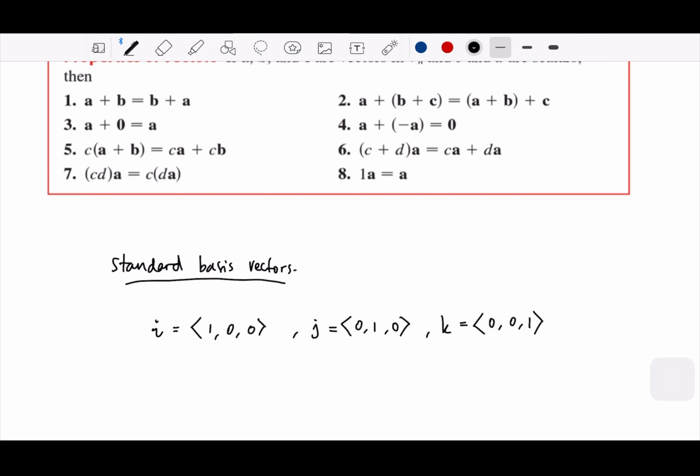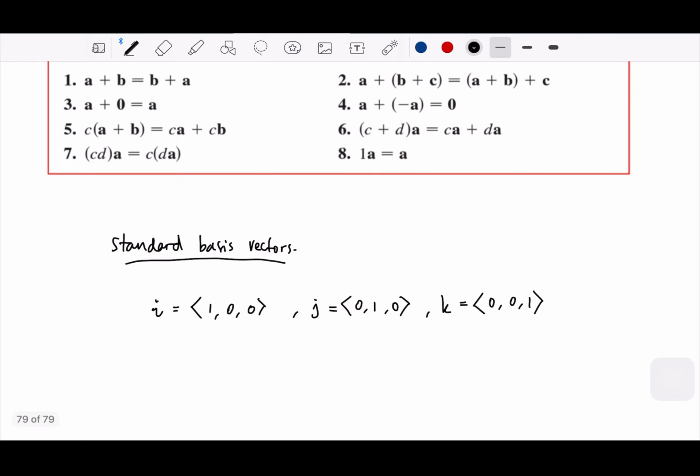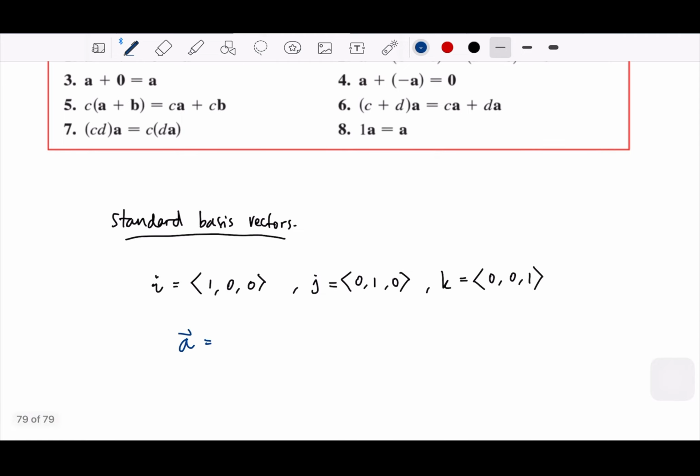And what's the implication of these standard basis vectors? It means that we can write down vectors in terms of i, j, and k. For example, if we have the vector A and we want to rewrite this as i plus 2j minus 5k, which means that this is actually the same thing as 1, 2, and minus 5.